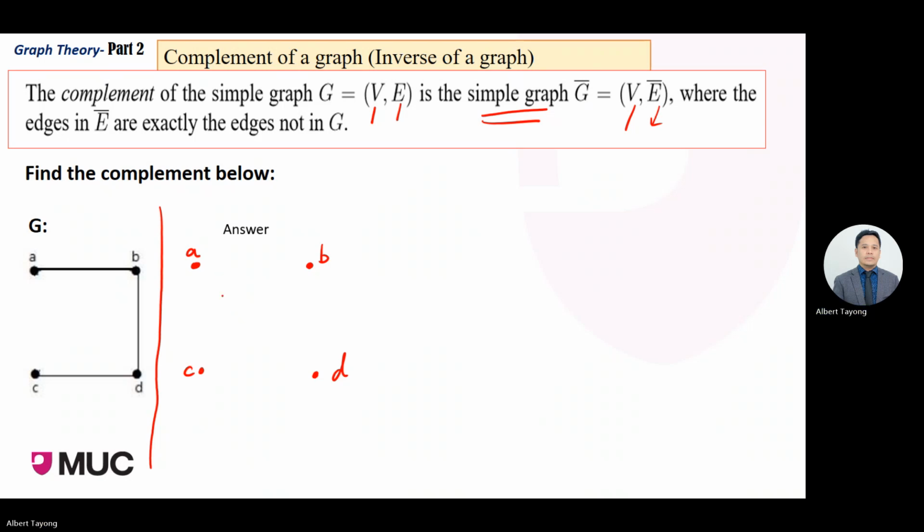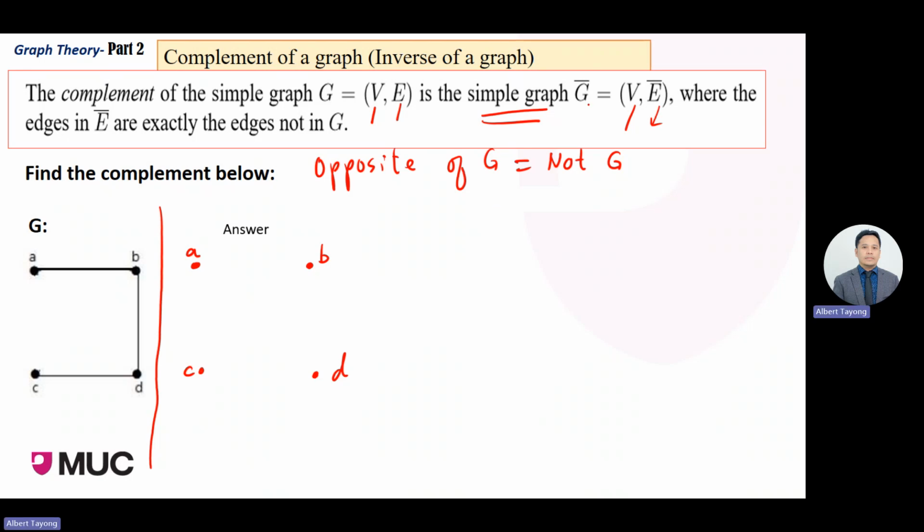Now, as I mentioned, when I say complement of a graph, that is the opposite of the given graph. Opposite of G, or we call this not G. Complement means not.